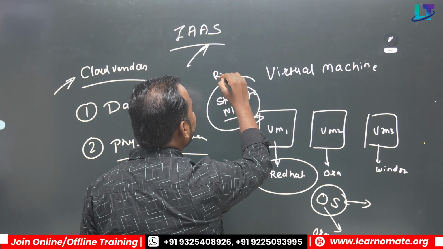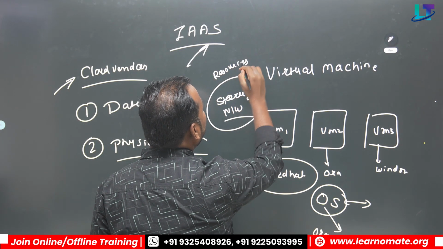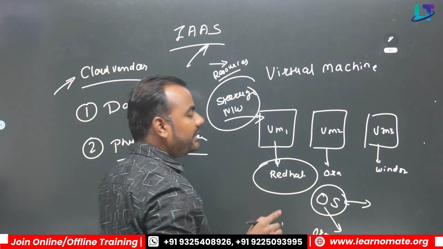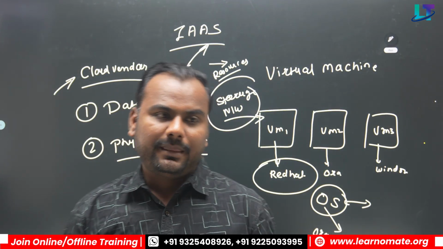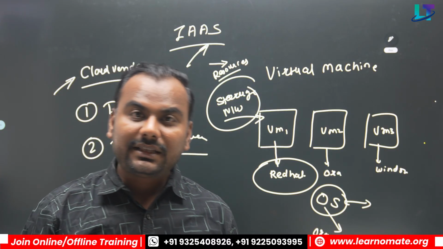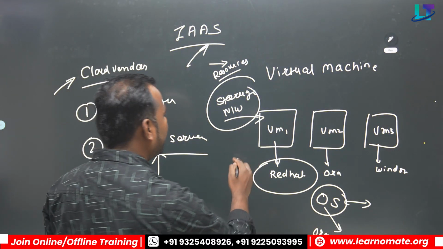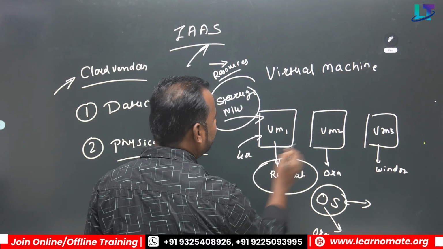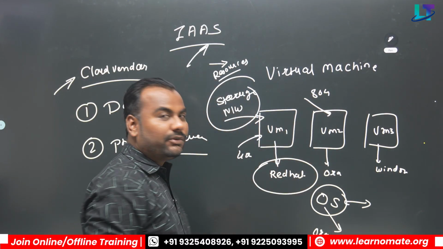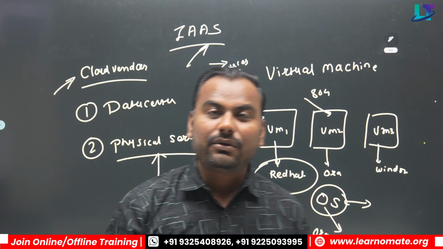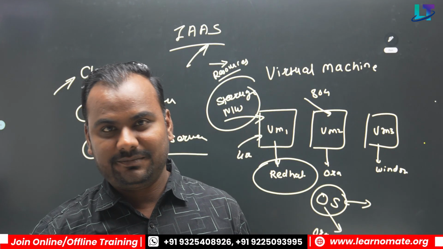All the resources are decided by you only. You can decide that to this VM you want to allocate 40 GB of RAM, to another VM 80 GB of RAM, and what type of network you want to use. You have control in infrastructure as a service.